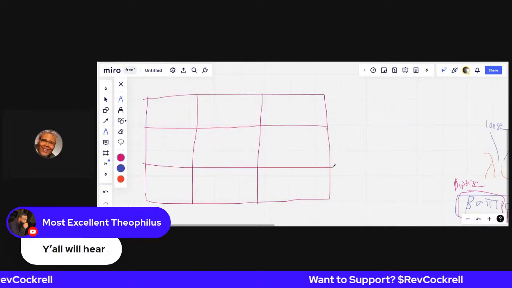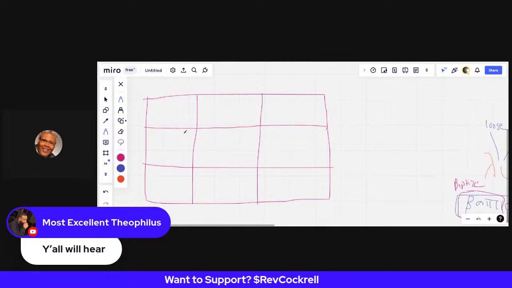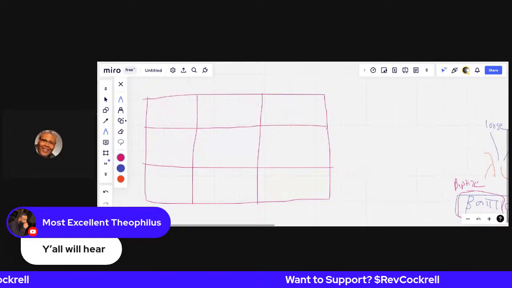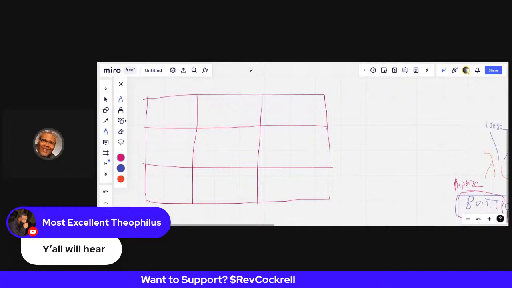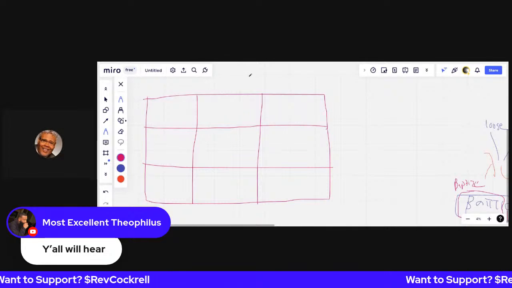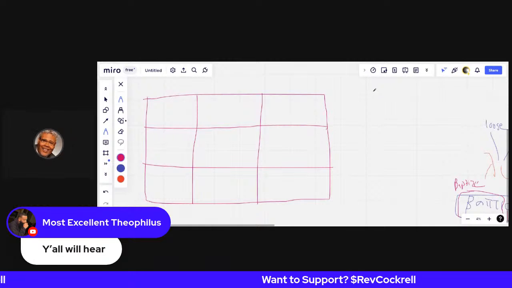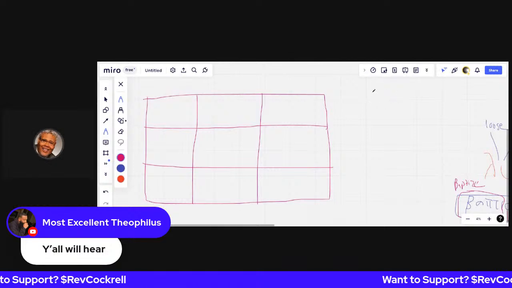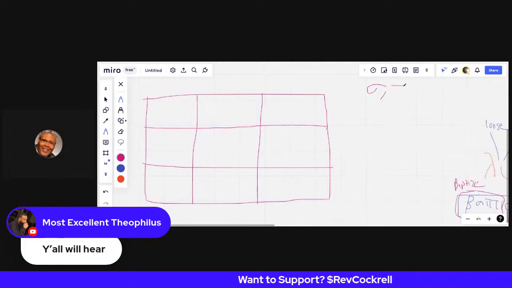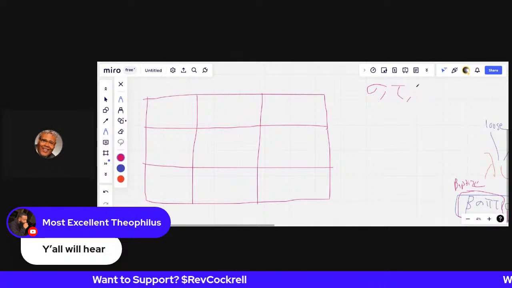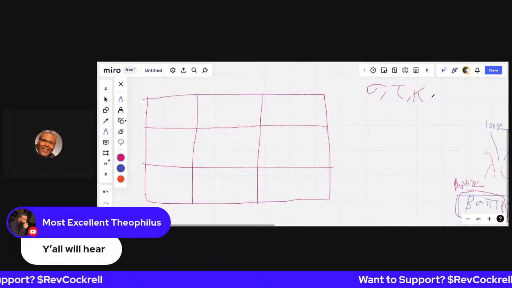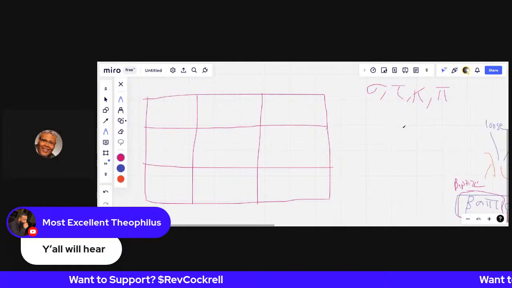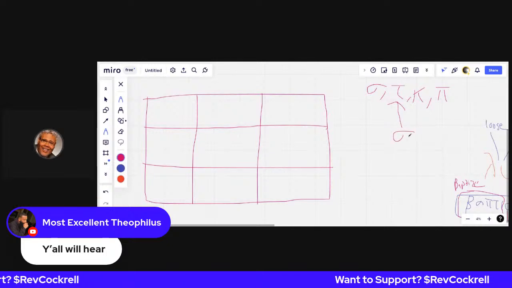Now, this is going to help you because what we're going to see is a lot of times when your stem ends in a consonant, like a tau or a K or a pi, whenever your stem ends in this, Greek for some reason does not like it when a sigma bumps into that.